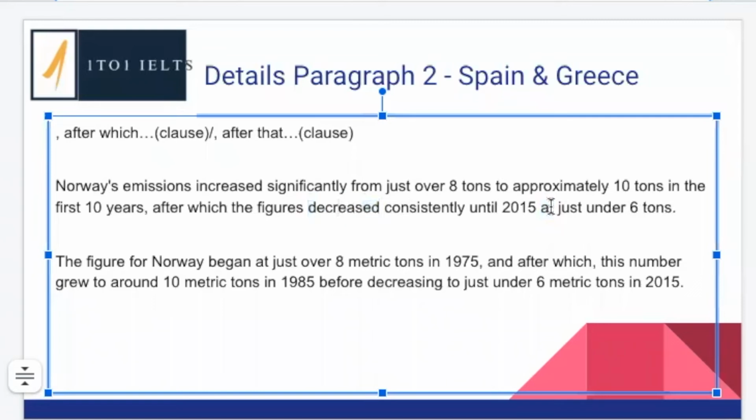So this is where the to comes. The to is indicating where the decreasing stops. So after which the figure decreased consistently until 2015. This indicates where the time finished. The to indicates what the figures decreased to: just under 6 tons.